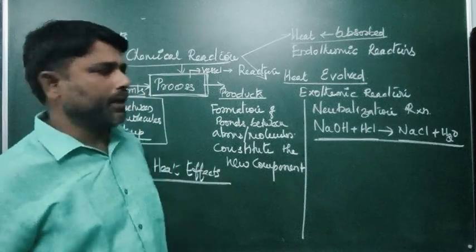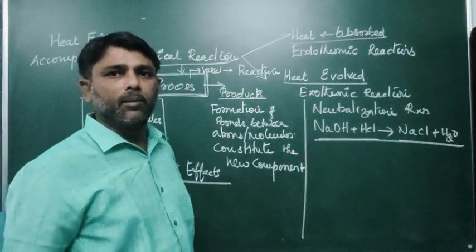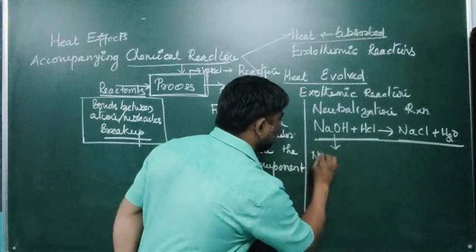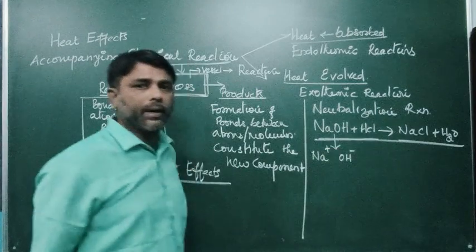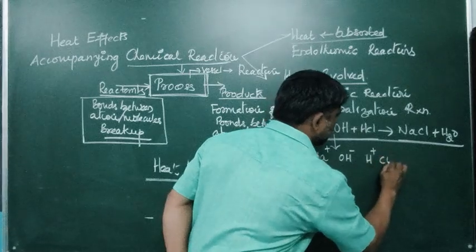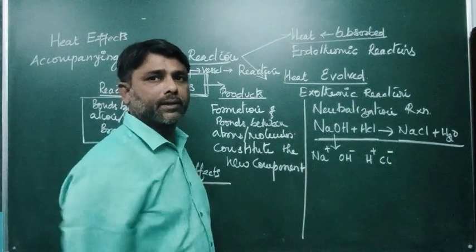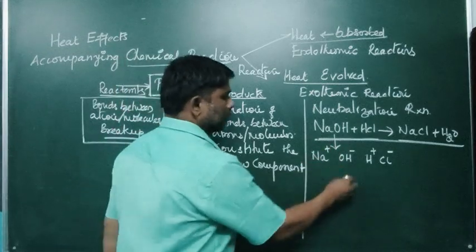When 1 mole of NaOH reacts with 1 mole of hydrogen chloride, before the reaction, the bond between the reactant, that means Na+ OH-, breaks down. Similarly for HCl, H+ Cl-. Before the reaction proceeds, bonds should break. Clear?